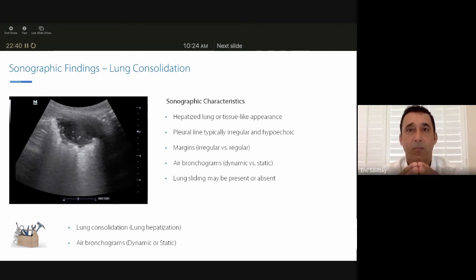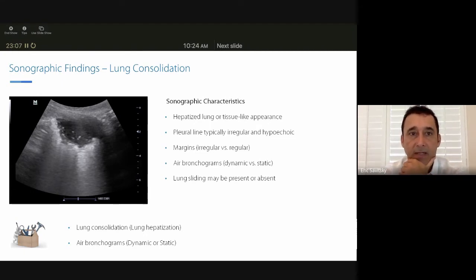And the reason you're visualizing it is that part of lung is consolidated and it's lost aeration. So the ultrasound signal is actually able to penetrate into that lung parenchyma. Many times, depending on the degree of aeration, plus or minus the degree of inflammation or fluid within that segment of lung, you get what's called a hepatized lung appearance or a tissue-like appearance to the lung.